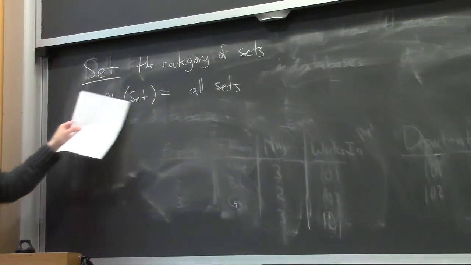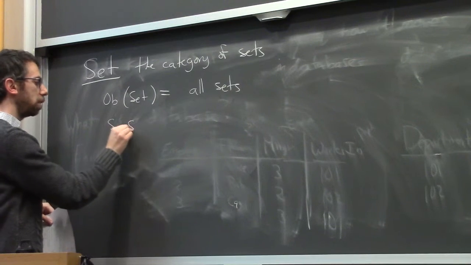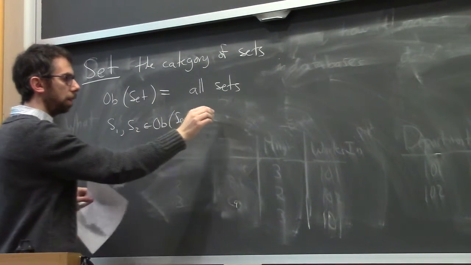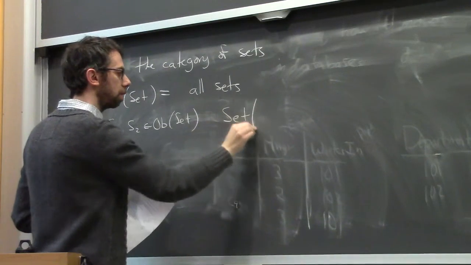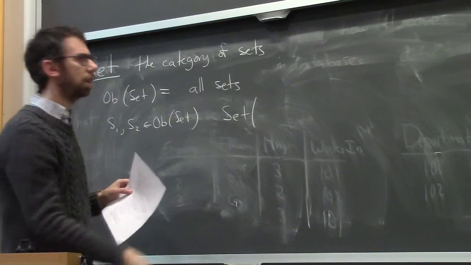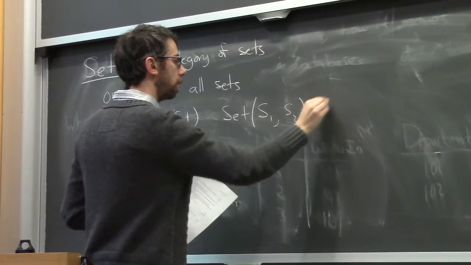Okay, so the objects of Set are all the sets. If I have two sets, S1 and S2, then the set maps, so this is my C in that picture over there, Set maps from S1 to S2 is functions.